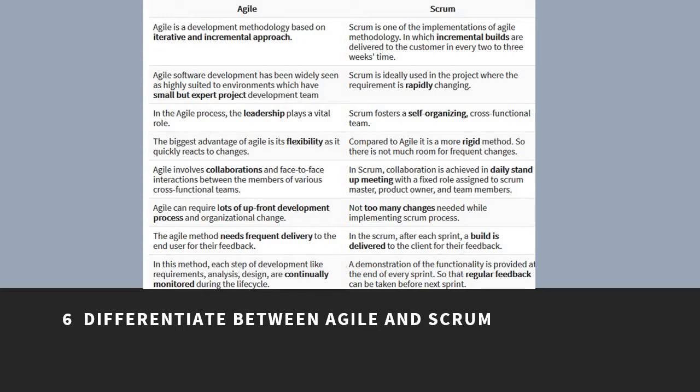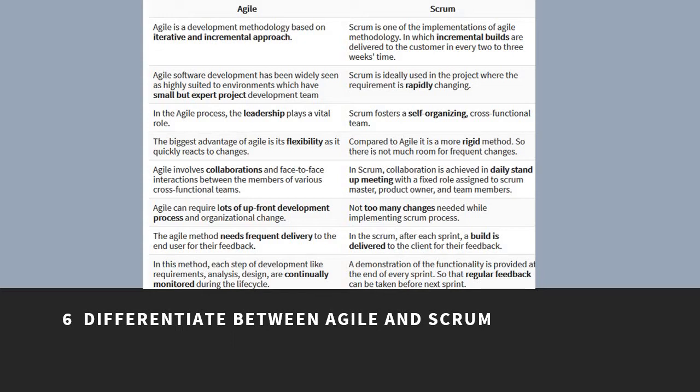In the Agile process, the leadership plays a vital role. Scrum fosters a self-organizing cross-functional team. The biggest advantage of Agile is its flexibility as it quickly reacts to the changes. Compared to the Agile, Scrum is a more rigid method, so there is not much room for frequent changes in Scrum.